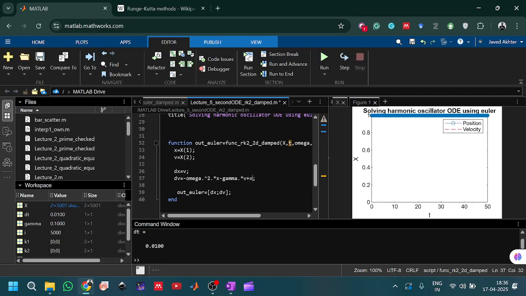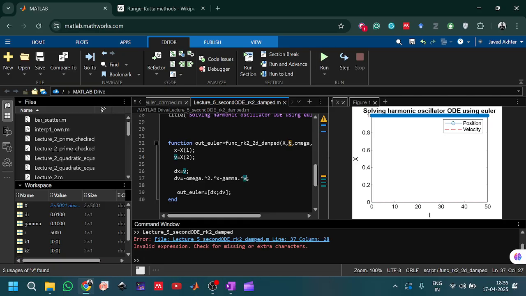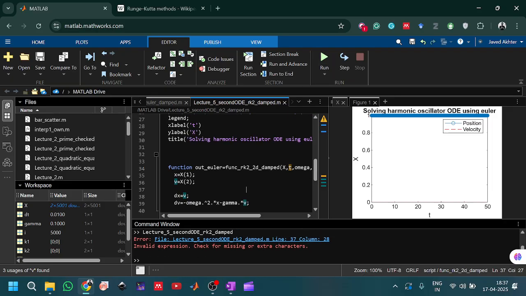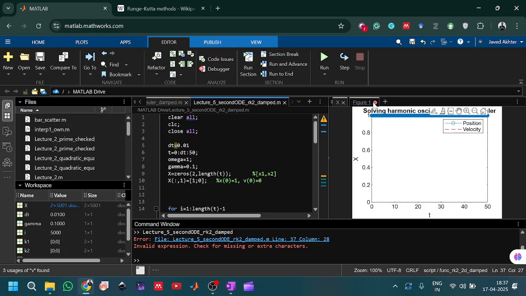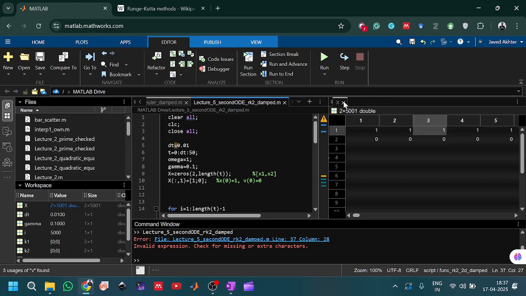So let me remove this. Okay, there is some error, line 37. So let's square x minus gamma b. Look at it carefully.